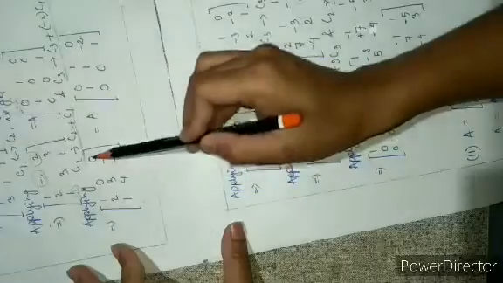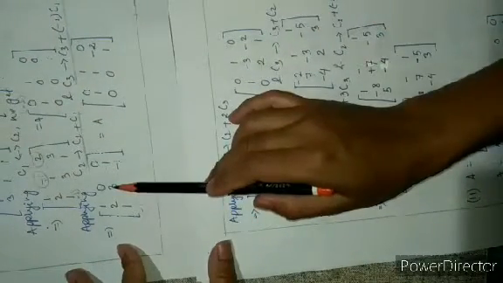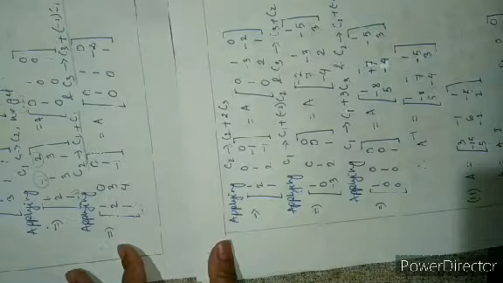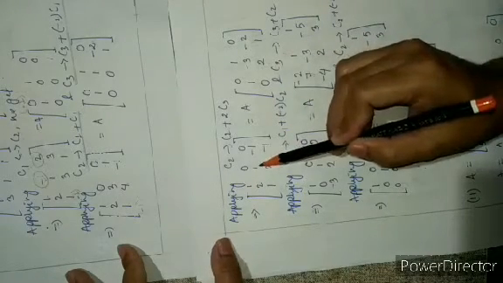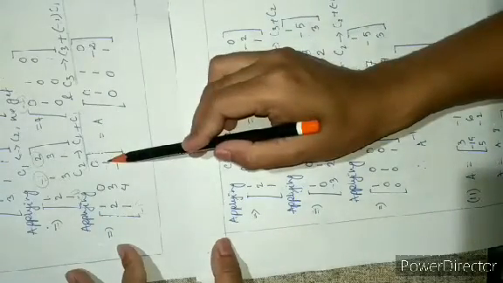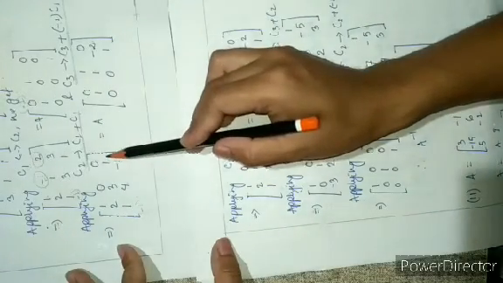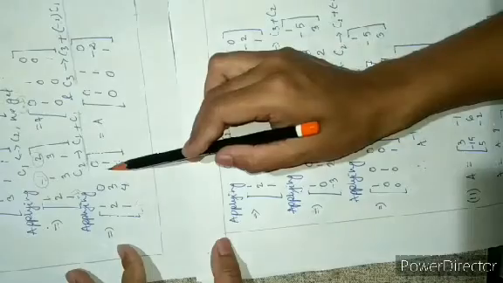C1 tends to 0 0. Make the diagonal element A22 is equal to 0. Multiply by 2: 1 into -2, -1 into 2.